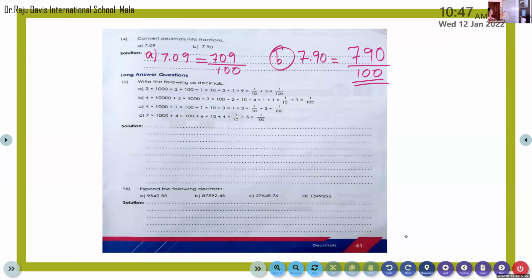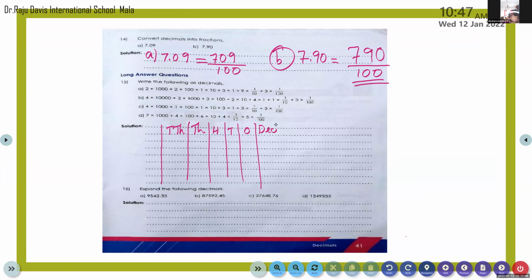You can write here place value chart. We will write the short form: 10,000, then 1,000, 100, tens, ones. After ones, what do you have to write?